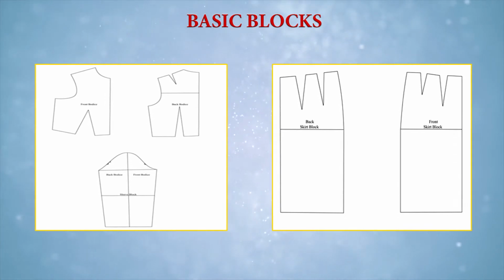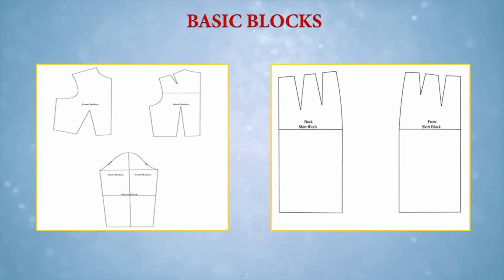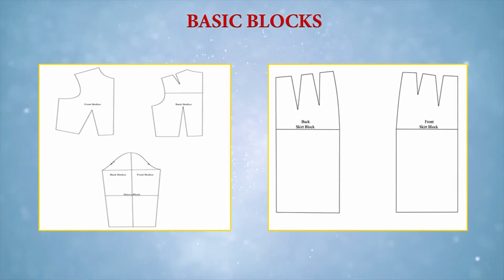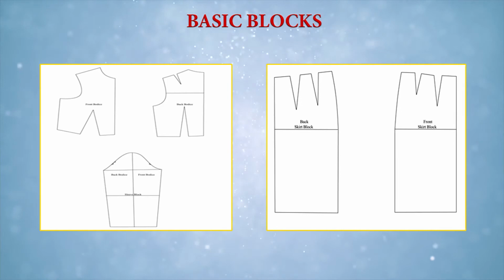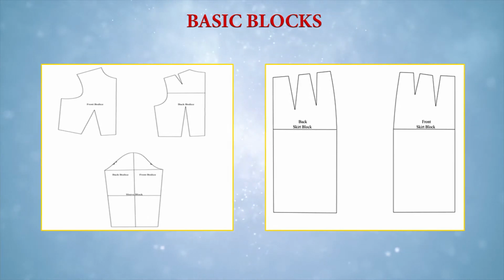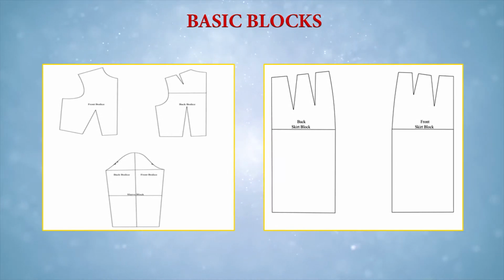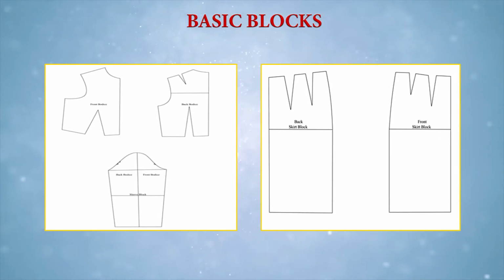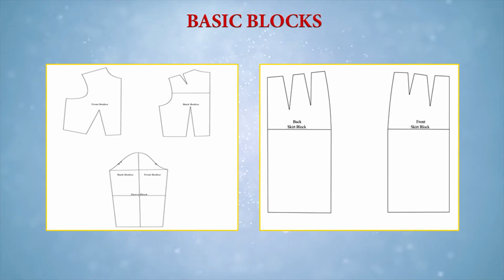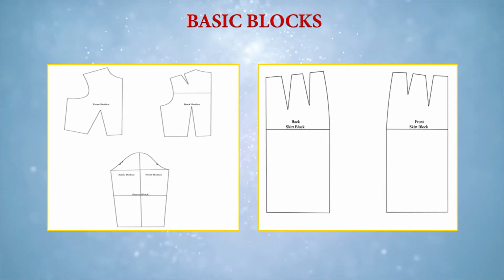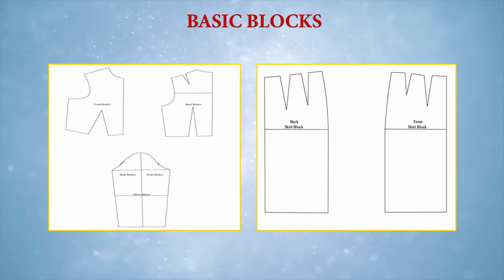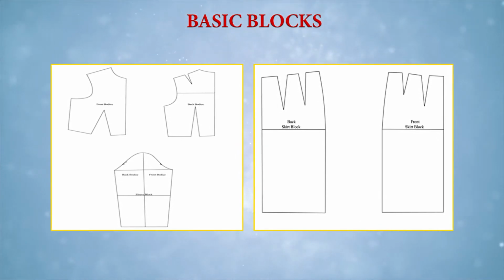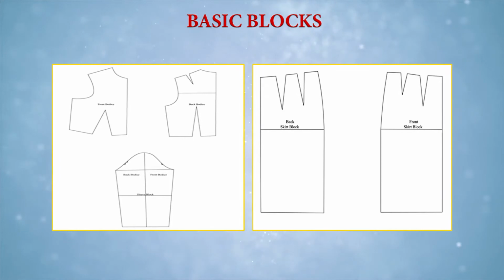Like if you go to buy a garment at a brand store, we get particular sizes, like size 28 and size 30. So first they develop a basic pattern of a particular standard size, and then they manipulate the size accordingly; they do the grading of that particular pattern.